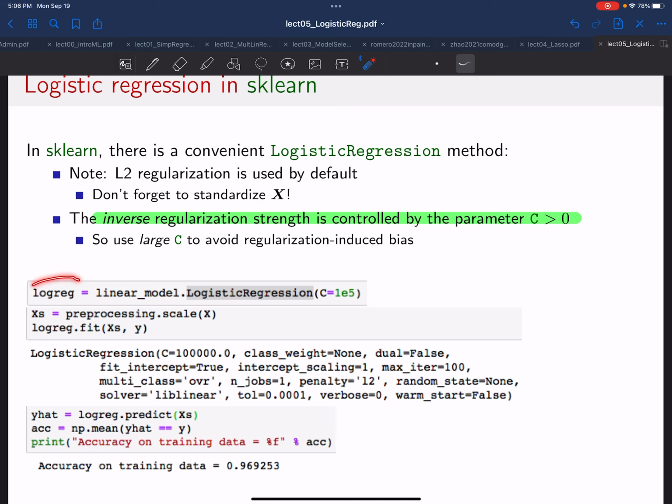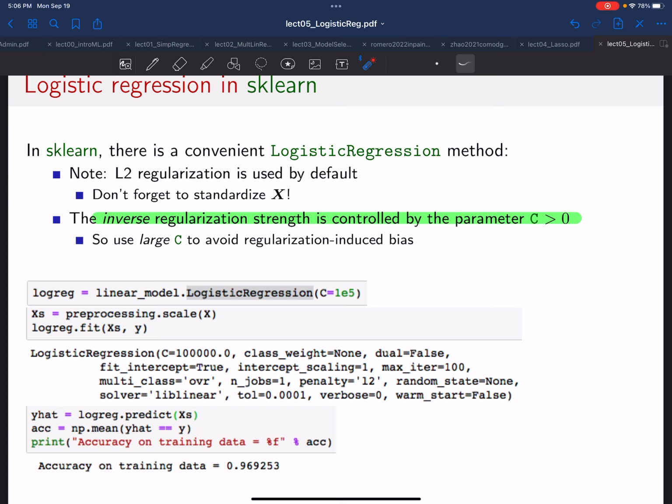I don't exactly know why for linear regression they use alpha and for this one they use C, but that's what we're doing. Once you instantiate your model, here we're going to do some feature standardization, and then we'll just do our fit, logreg.fit. It computes all the B's and W's, and then we can do our logreg predict to get our predictions. If I want to see how often I'm correct, the accuracy, I create this binary vector, y hat equals y.